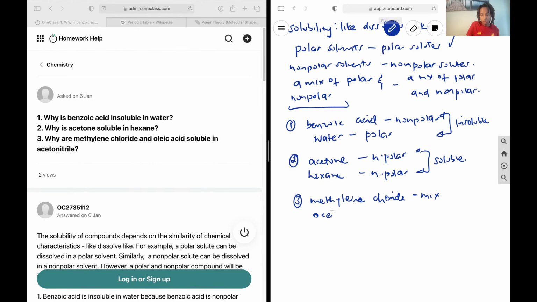Additionally, we have oleic acid that's going to be the same. And so it's a mix, and we're trying to dissolve them both in acetonitrile, which is also an organic compound that is a mix. And so we will expect these two to be soluble in the solvent. And those are your final answers.